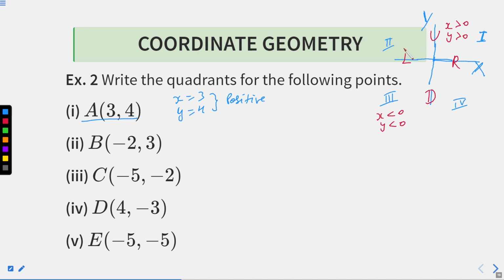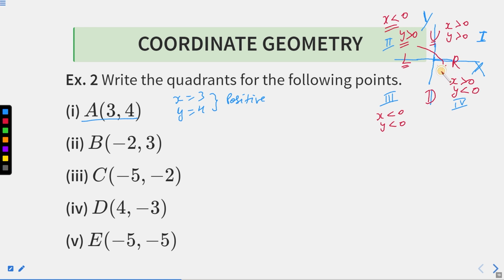If you see, x is on the left side, so x is negative, and y is still on the upside, so y is positive. Now, by opposing the signs, we can get the fourth quadrant information. So x is positive here because x is negative in the second quadrant, and y is negative here because y is positive in the second quadrant.